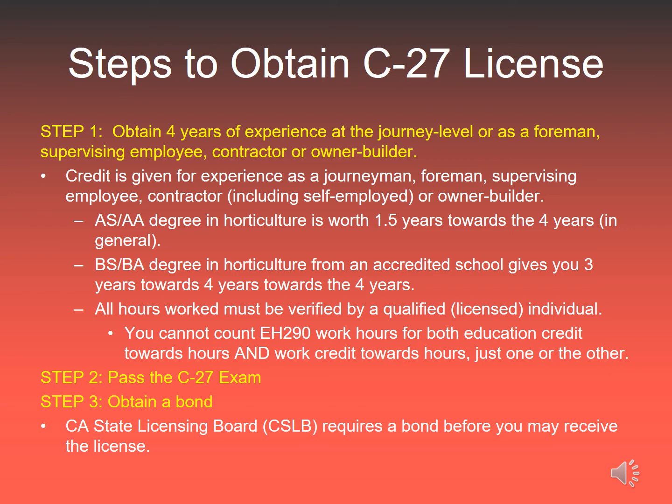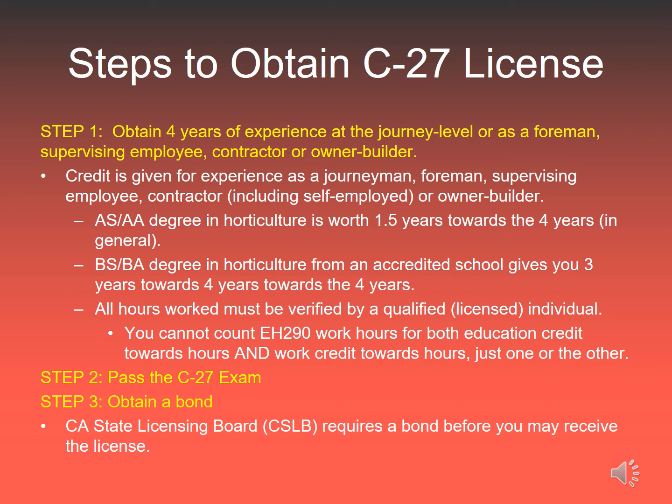If you get your AS degree in horticulture, that works towards 1.5 years of the 4 years. With a BS in horticulture, like from Cal Poly San Luis Obispo or Cal Poly Pomona, you would have 3 years credited toward the 4 years, and then would just need 1 more year of experience as a journeyman, foreman, supervising employee, contractor, or owner builder.